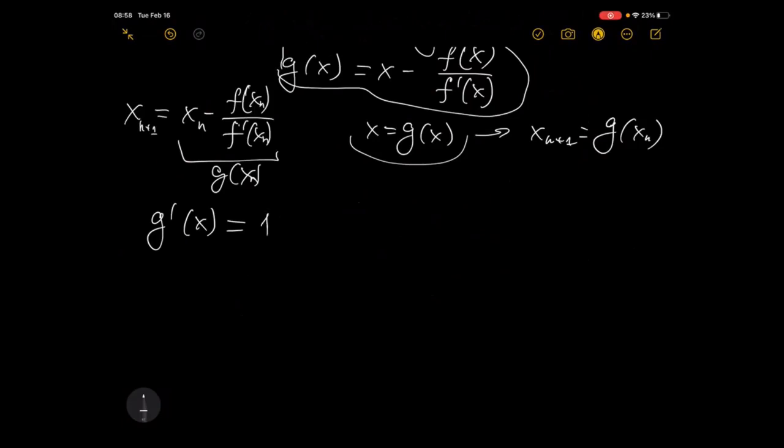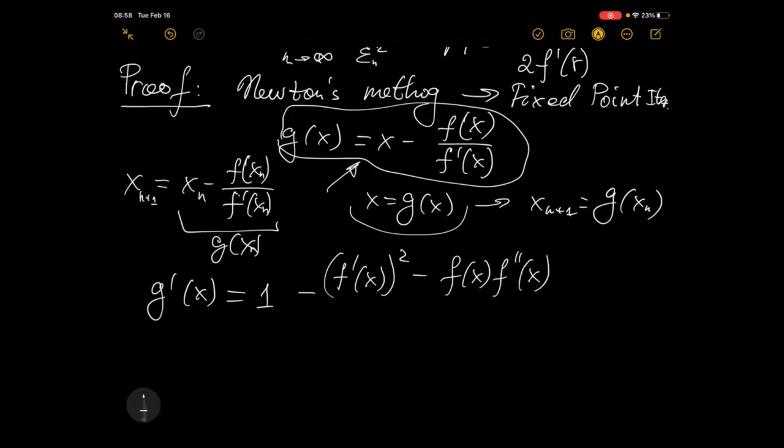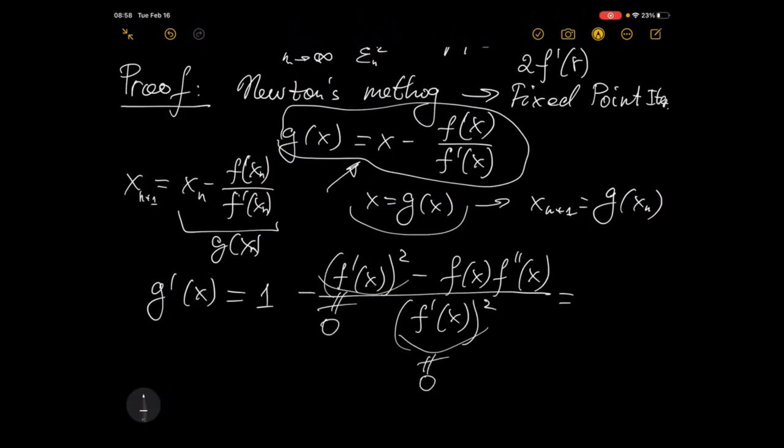If I find the derivative of that, this will be 1 minus the derivative of the fraction, where f' is not equal to 0, which we required, right?